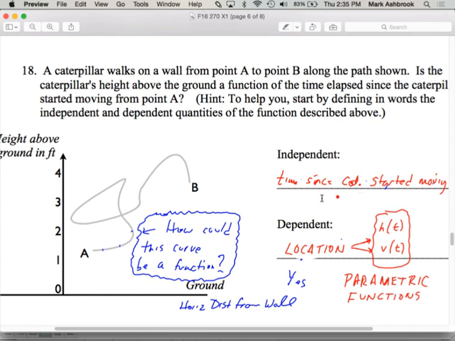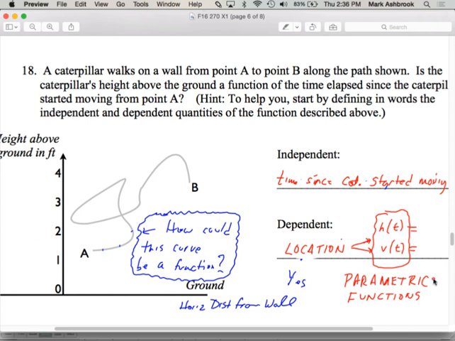That you have this independent variable, and then the dependent variable may be, quote unquote variable, a combination of two or more other variables, right? So location is uniquely determined by time, but that requires two functions taken together, okay?